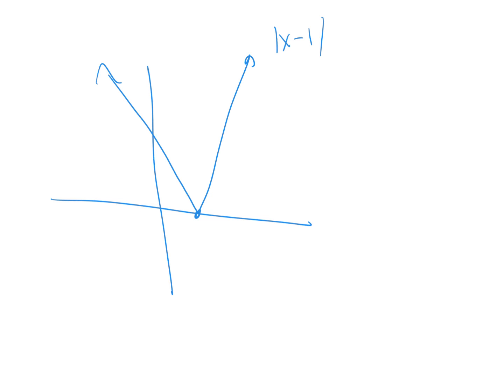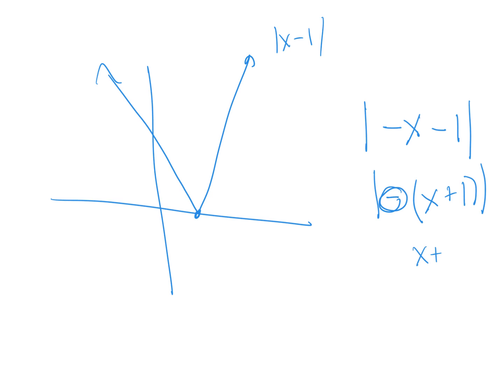If I put a negative in there, that would be negative x minus 1, right? If I take out a negative from both things, that would be negative x plus 1. And the absolute value of this negative inside an absolute value is just going to be x plus 1.